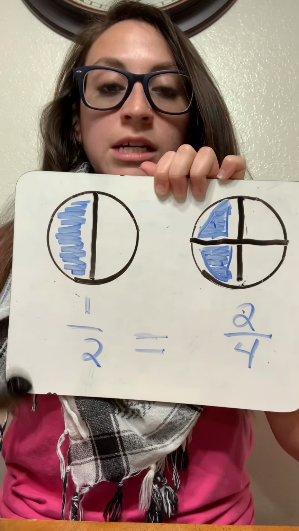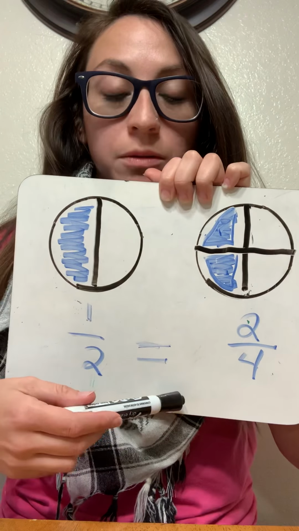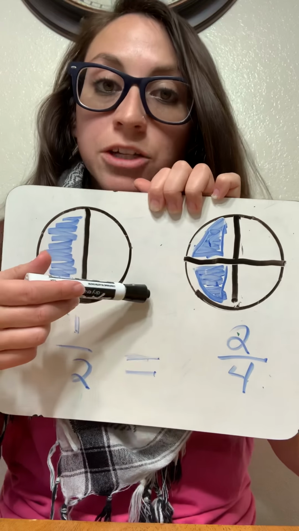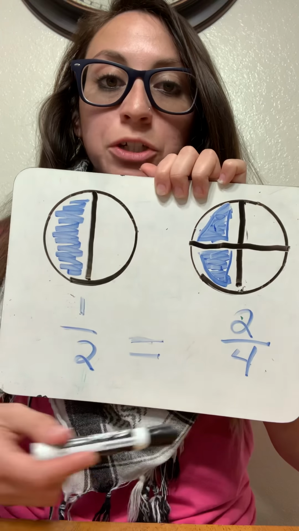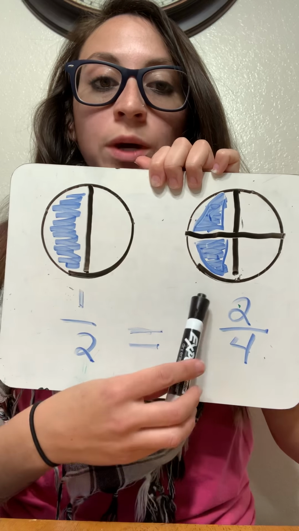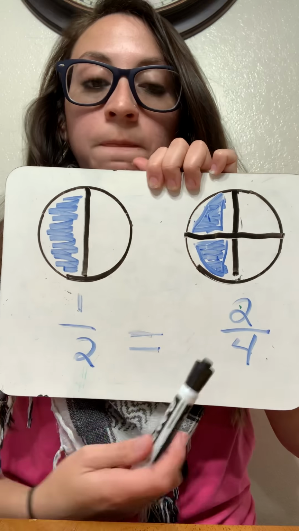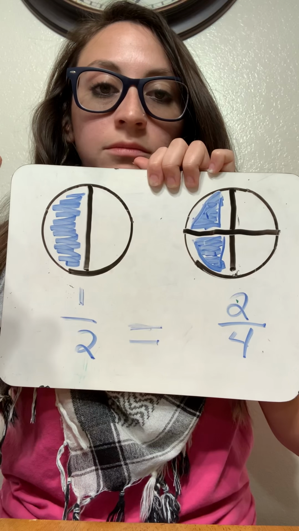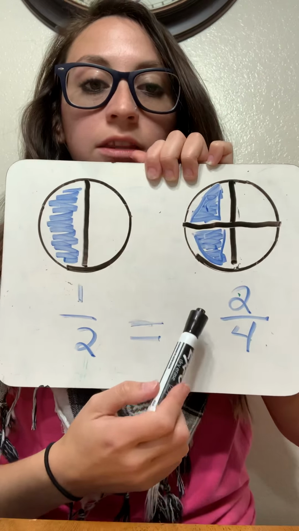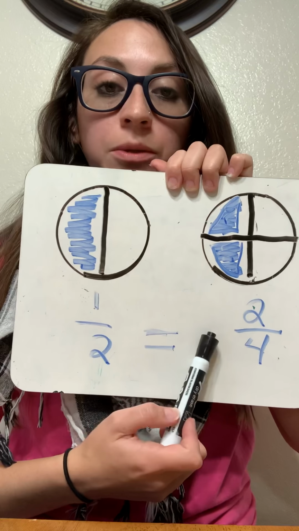What can I do? Now remember, with fractions, whatever you do to the top, you must do to the bottom. So if I subtract 2 from the numerator, I have to subtract 2 from the denominator. So what can I do to both numbers, 2 and 4, to get me to 1 and 2? Yes, Sally? Yes, I can divide the top number and the bottom number both by 2.